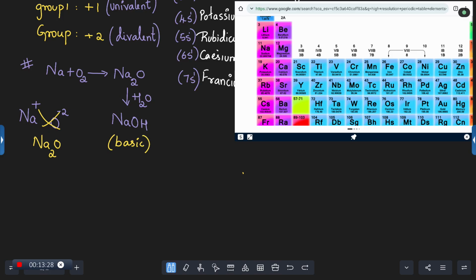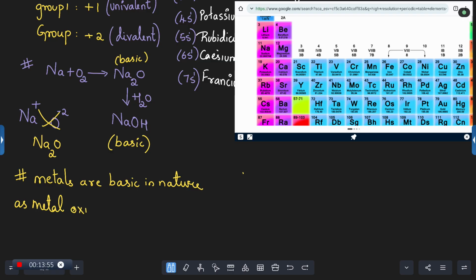So the general understanding from this point is metals are bases. They are basic in nature. What about the oxides? They are also basic in nature. Understood? So metals are basic in nature, you'll write, and the metal oxides are basic oxides.